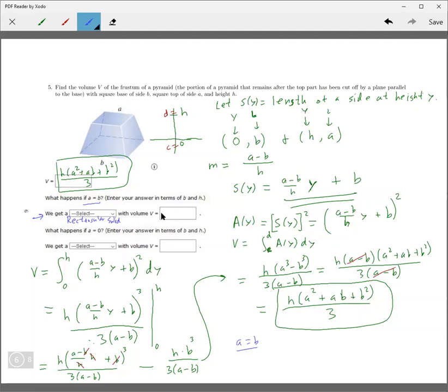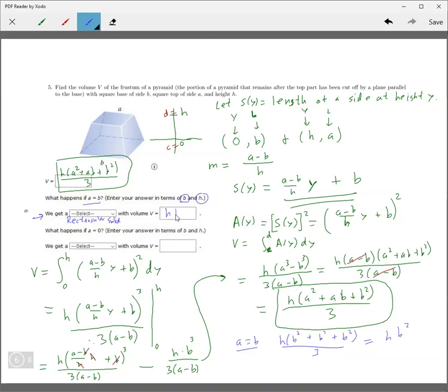And when a equals b, okay, it says in terms of b and h. Okay, so we'll replace this a with a b, so that's b squared. Replace this a with a b, that's another b squared, and then this a with this is just b squared. You have 3b squared, so it's divided by 3, so it's hb squared.